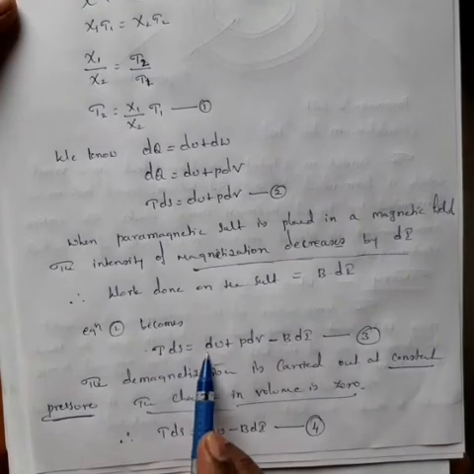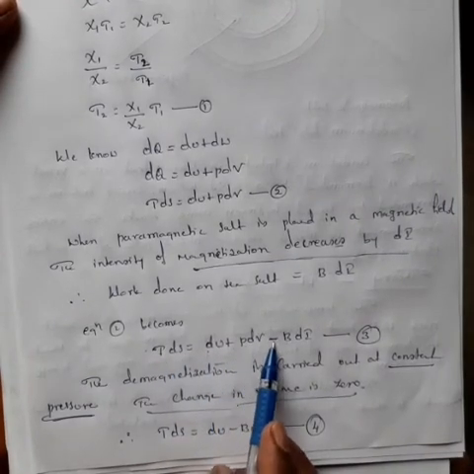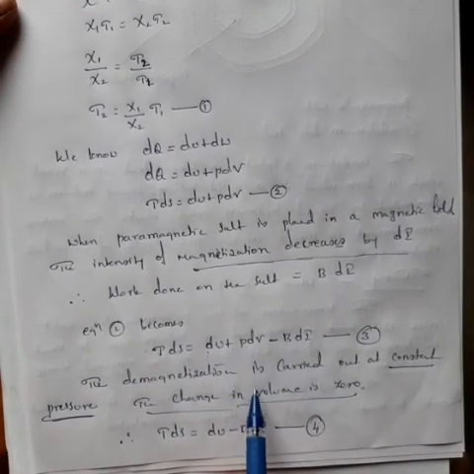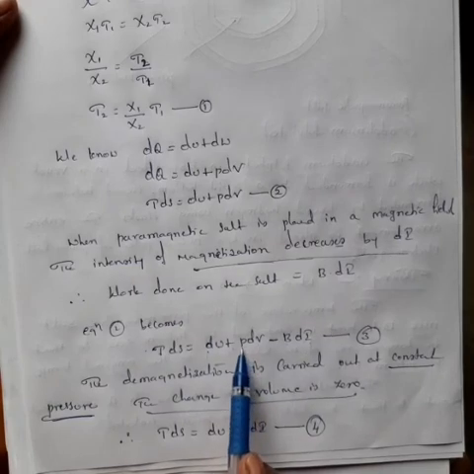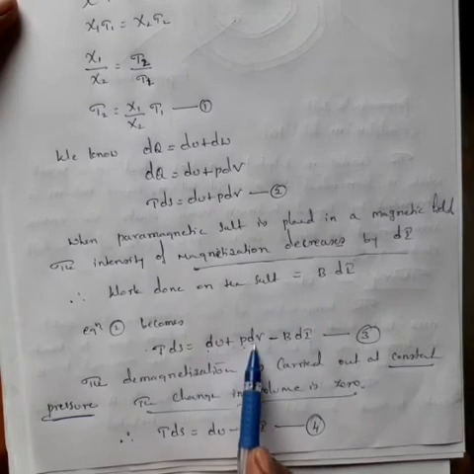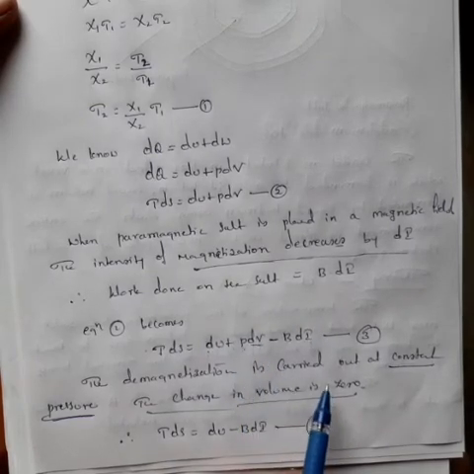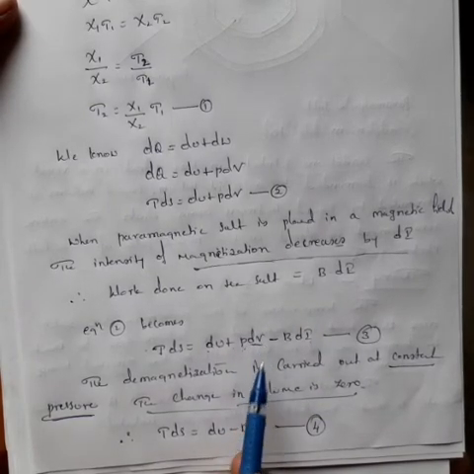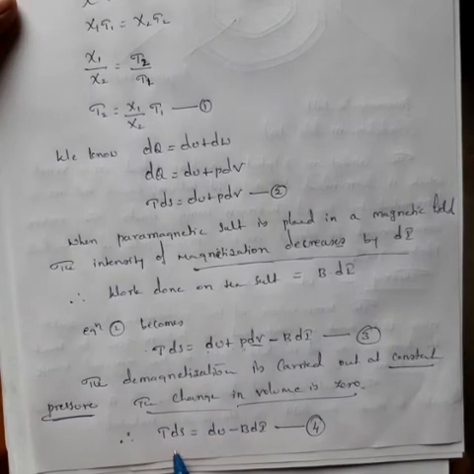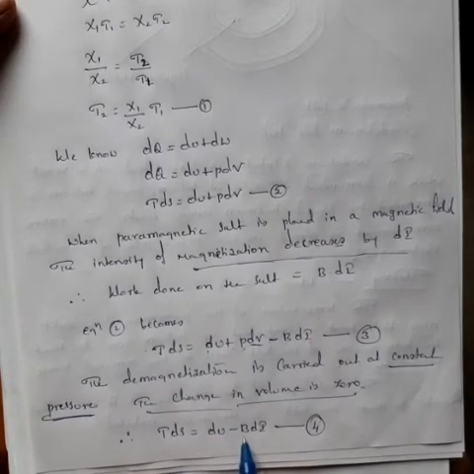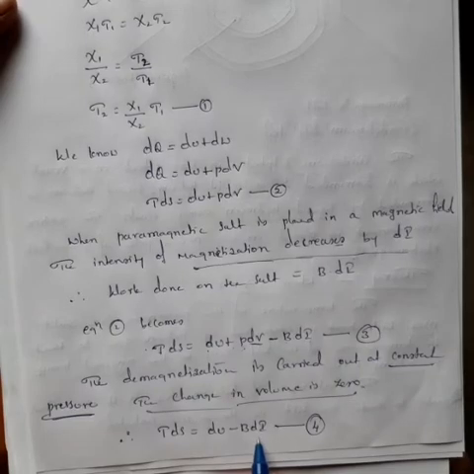So TdS is equal to dU plus P dV minus B dI. Here, if the demagnetization is carried out at constant pressure, the change in volume is equal to 0. Therefore TdS is equal to dU minus B dI.